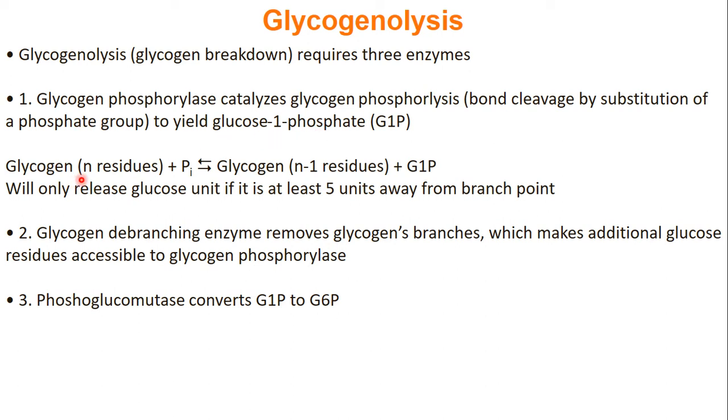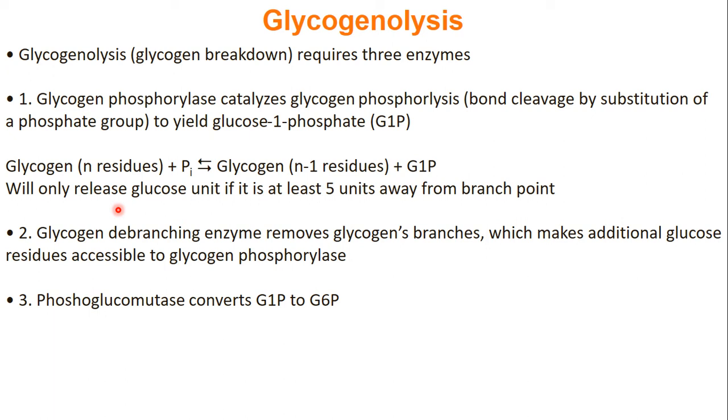Our overall reaction is glycogen with n residues, where n is any number, plus phosphate will make glycogen with one residue less, plus glucose 1-phosphate. This enzyme will only work on glucose units if they are at least 5 units away from the branch point.